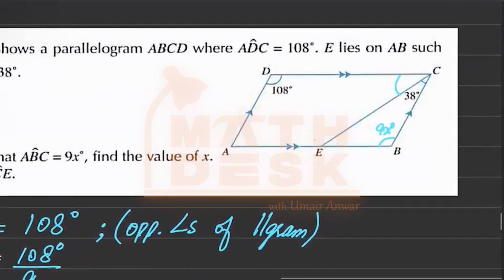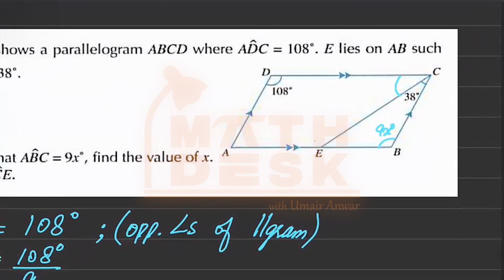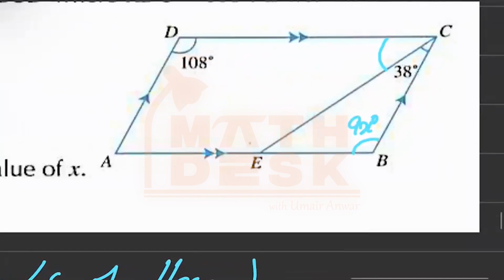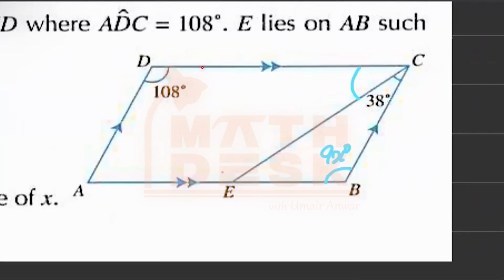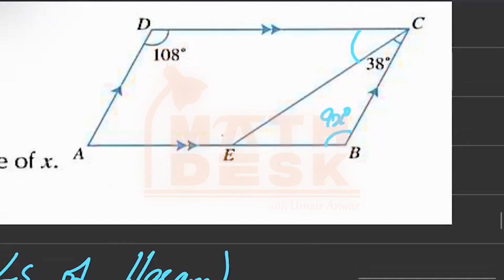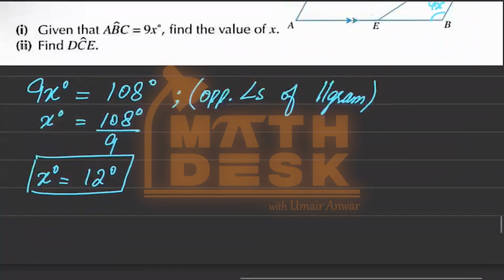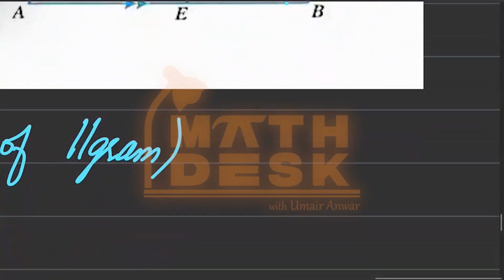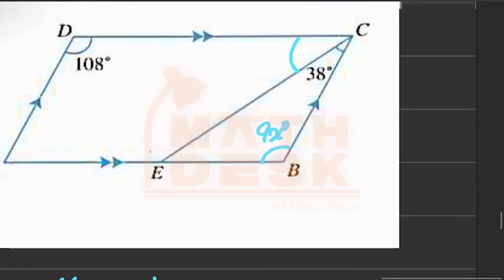Now, to find out the other angle DCE, we can see that these two angles, 108 and this whole angle, are interior angles because they are being formed at two parallel lines. So these two must be interior angles, and DC is acting like a transversal between them. So I can write over here, angle ADC plus the second angle DCB.